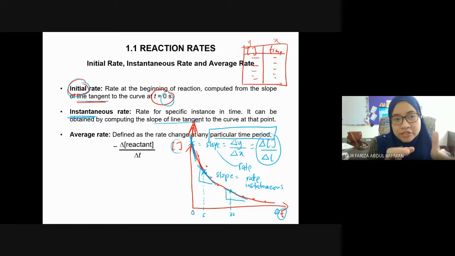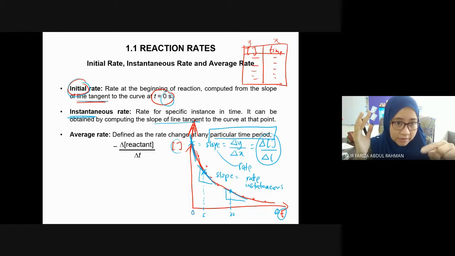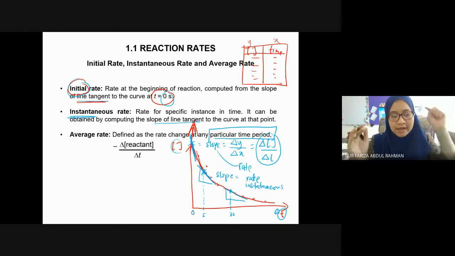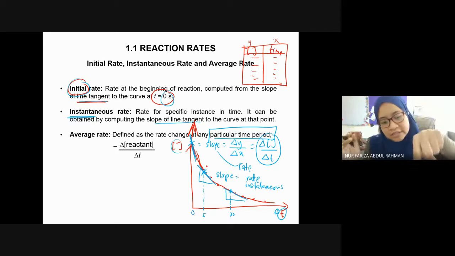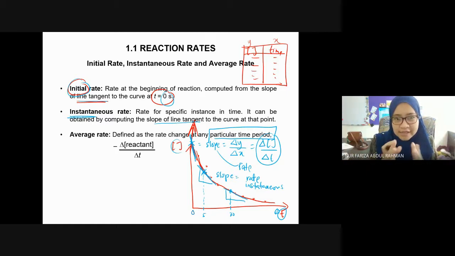Apa beza dia initial rate and instantaneous rate? Instantaneous rate dengan initial rate, dia dah ada specific time. Dia tak ada duration. Dia nak, okay, I want it to be at t is equal to 5 minutes. I want to know what is the rate at t is equal to 5 minutes. But for average rate, is after a period of time ataupun duration dekat situ.